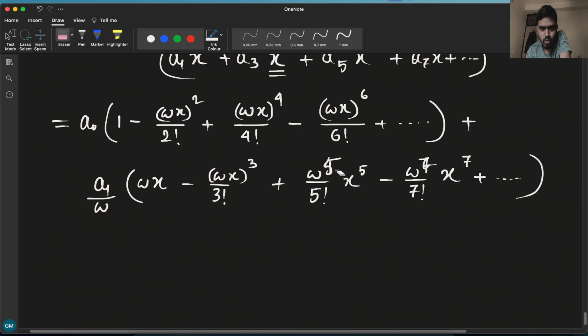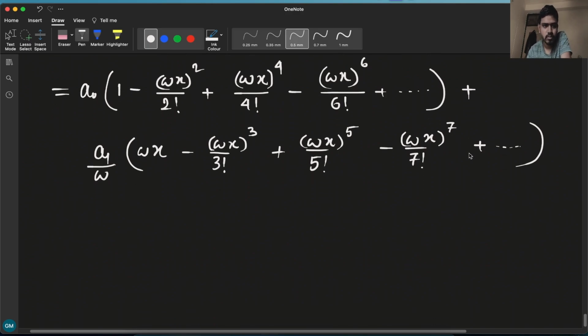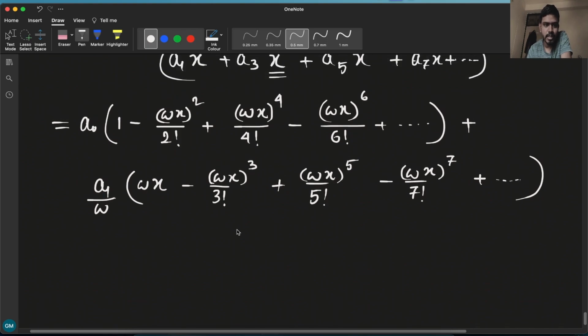This is omega to the power 5 x to the power 5, that means (omega x) whole to the power 5. This will be (omega x) whole to the power 7 plus dot dot dot. Okay, so this is the solution.